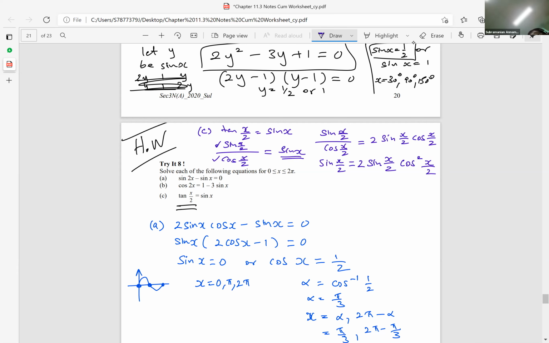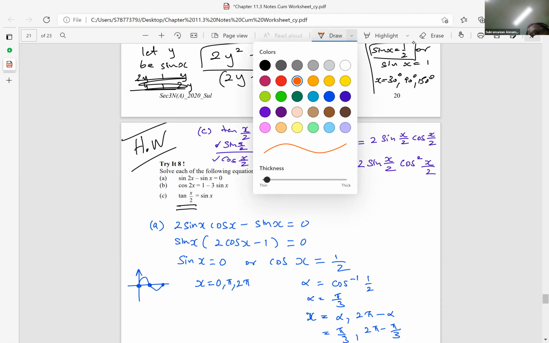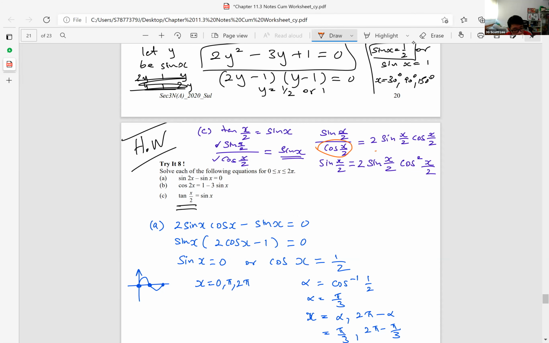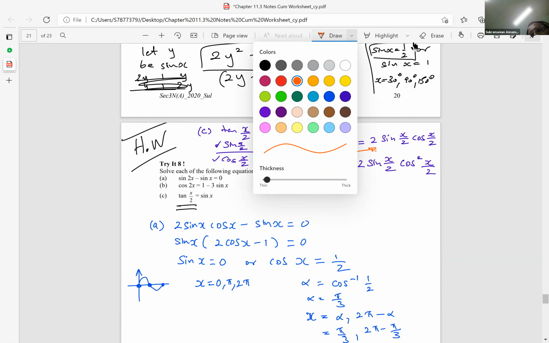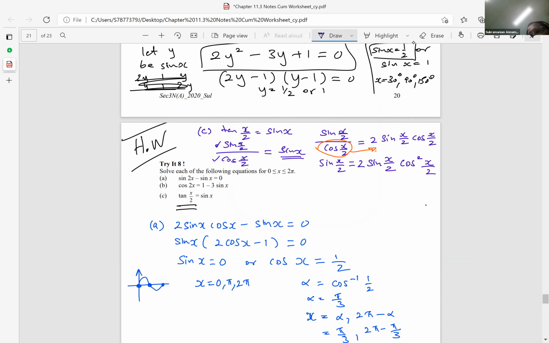Understand? Yeah. This one I bring over here become cosine squared. So now I bring this over. So it become minus.